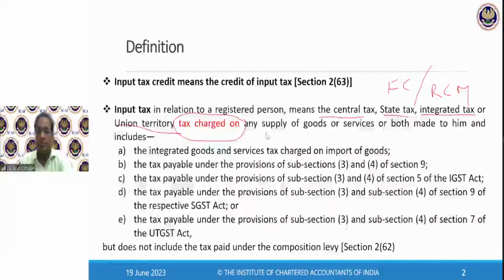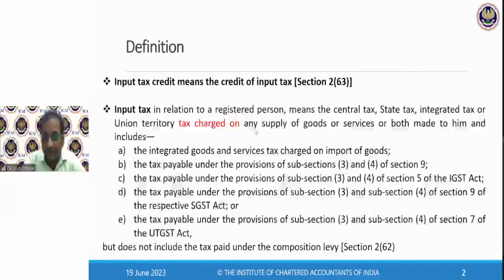Fine. Thank you so much. As it is clear that he is charging the GST on the supply, this transaction is forward charge, not reverse charge. Perfect. So now we are saying this is tax charged, means this is forward charge. Correct?